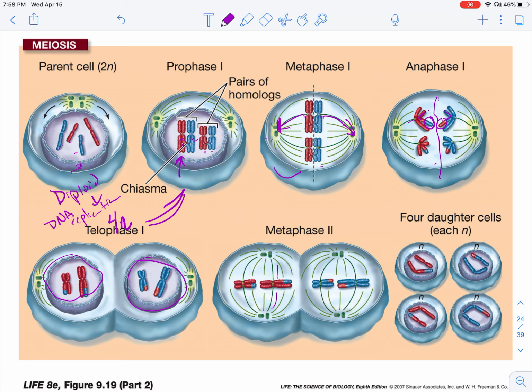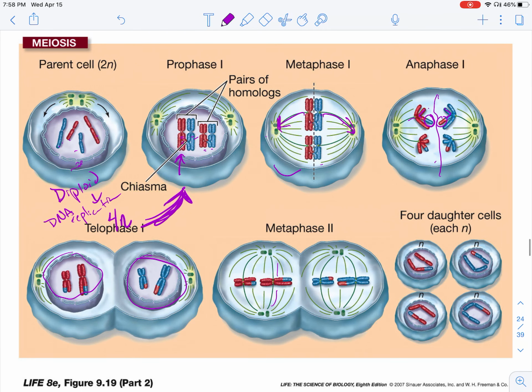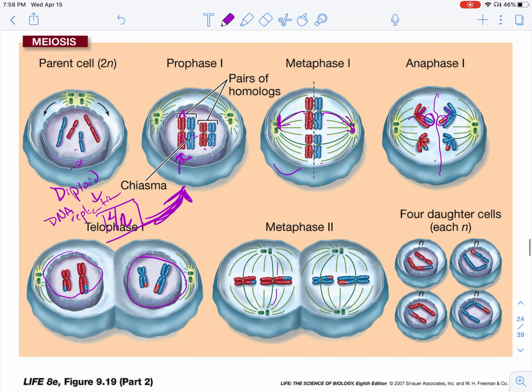So at this point, oops, it's a bad arrow. But the cell has your pairs of chromosomes and your duplicated DNA in the sister chromatids. So you actually have a 4N DNA content. That's how we get to 1N, 1N cells by the end of it.